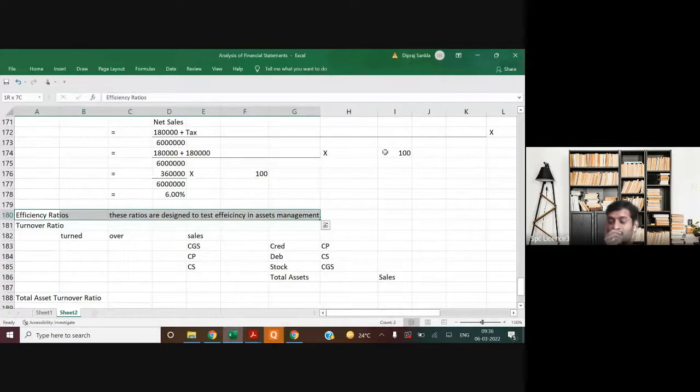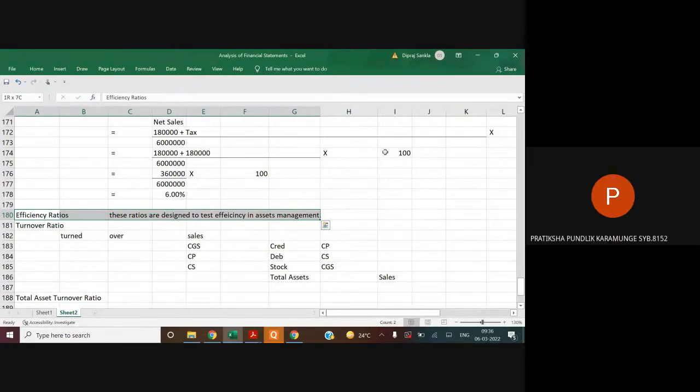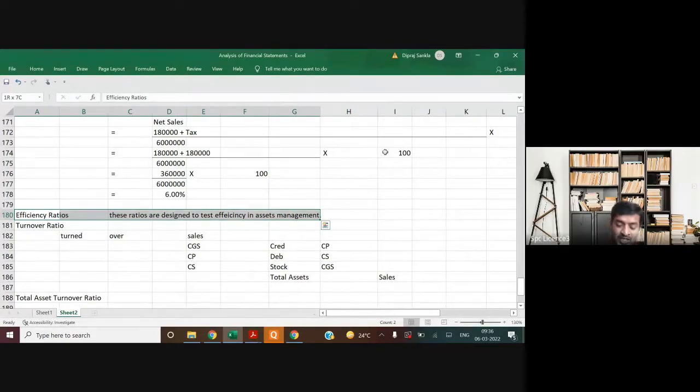In debtors turnover ratio, we discussed the liquidity quality of debtors, how frequently credit sale is made to debtors, and how fast cash is collected from debtors, right? So in asset turnover ratio, we discussed the efficiency in asset utilization. In stock turnover ratio, the efficiency of inventory department. In debtors turnover ratio, the efficiency of collection department, right?